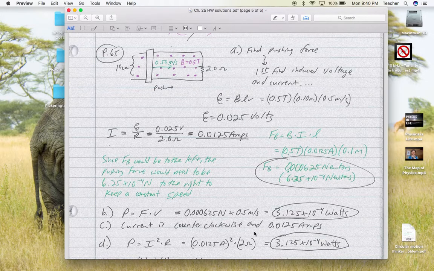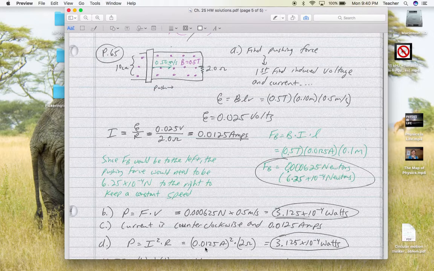The current is counterclockwise because the flux is decreasing since the area is decreasing, so we're trying to oppose that. That would again be a counterclockwise current. We already figured out that amount. For part D, the electrical energy dissipated is equal to either V times I or I squared times R. It doesn't matter how you figure that out, it will be the same.